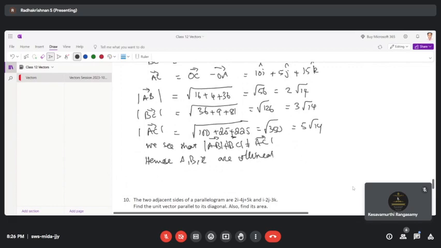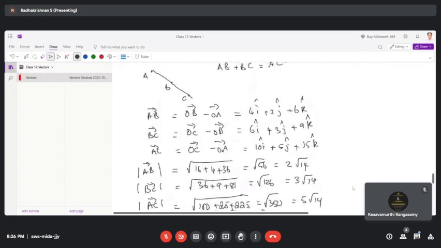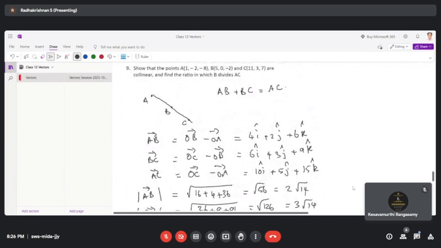So what is the next question? Find the ratio in which B divides AC. So we have written it already. This is 2 root 14. This is 3 root 14. The total is 5 root 14.